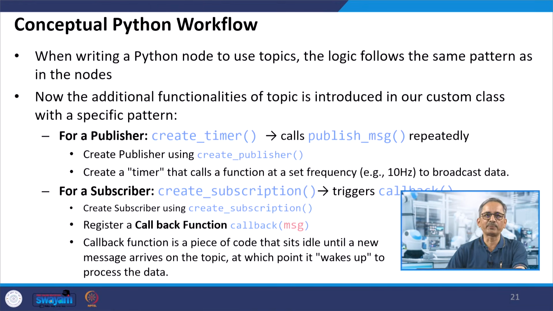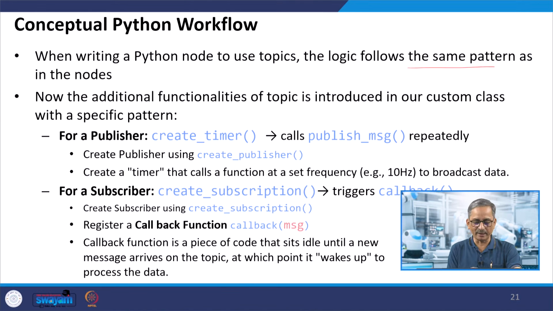So the conceptual Python workflow for messages could be like this. When we are writing a Python node to use topics, the logic flows in the same pattern as in the case of the nodes which we have already seen. The additional functionality of topics is introduced in our custom class with a specific pattern.